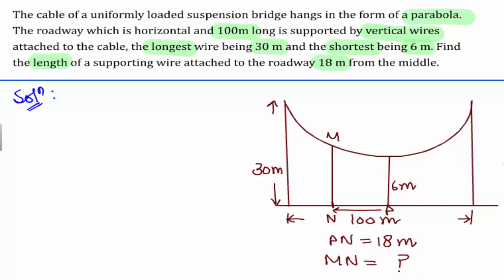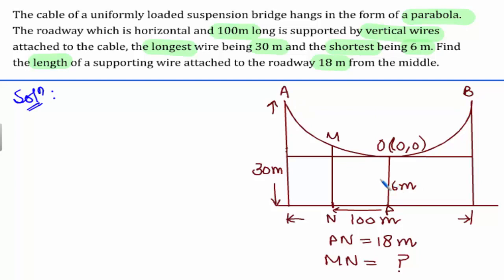Let us draw a horizontal line passing through the vertex of the parabola, and the vertex of the parabola is the point O, having the coordinates 0, 0. Let us denote these 2 points by A and B. So from the given data we can find the coordinates of A and B also.